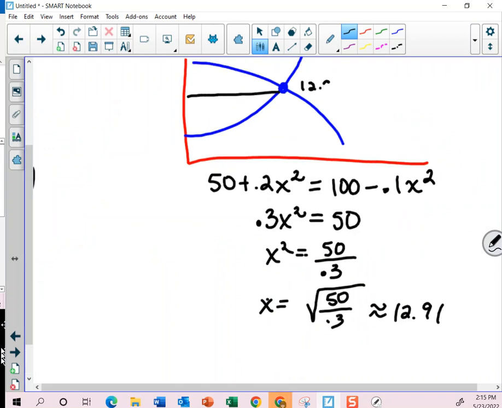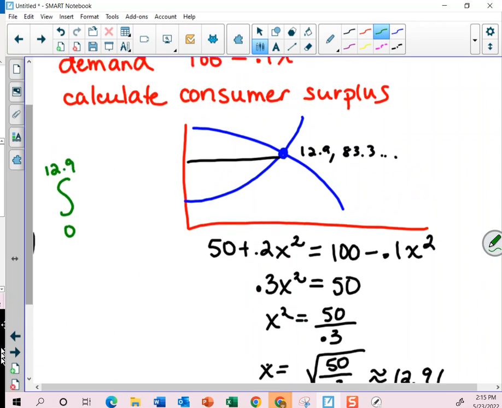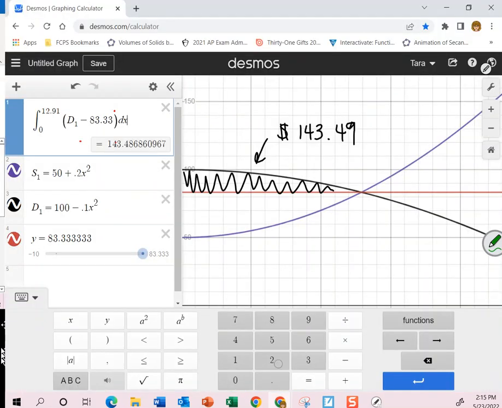So that's 12.9, 83.3. 0 to 12.9 of the demand function minus 83.3 dx. Yeah, 143.49.